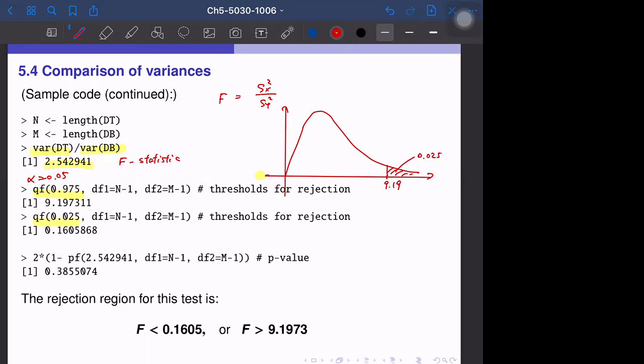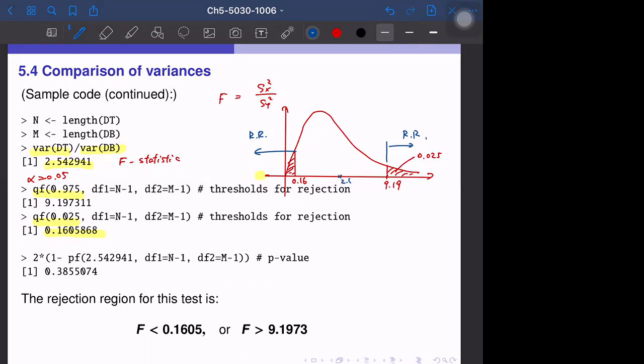And the other way around is here. So this point is 0.16. So the rejection region is here and here. Our test statistic is 2.54. So this falls around here, maybe around here. So we don't reject the null hypothesis.